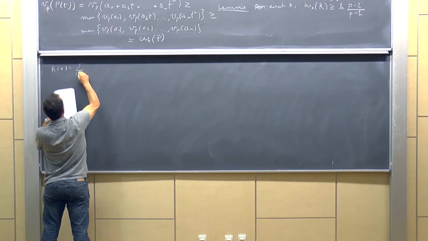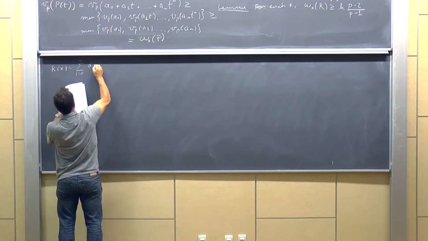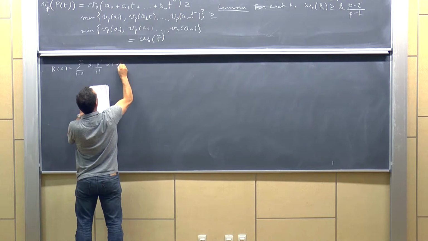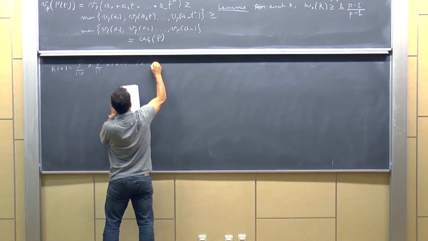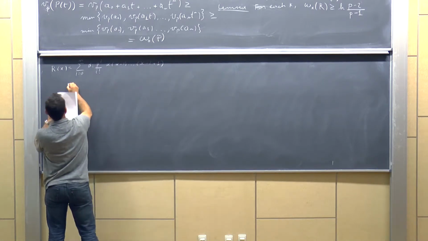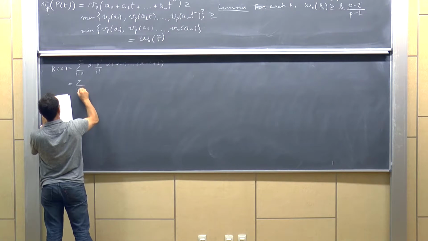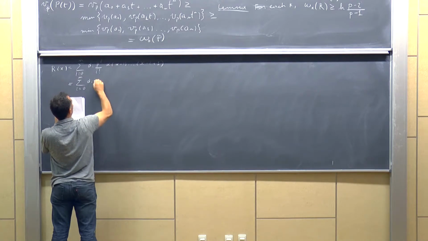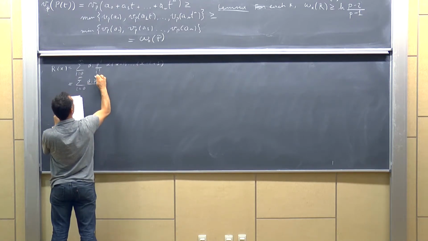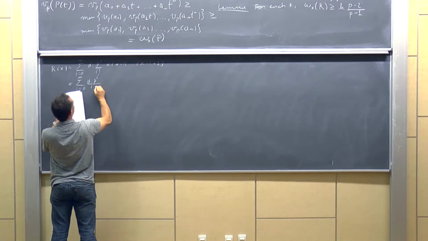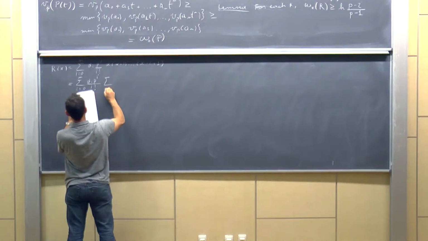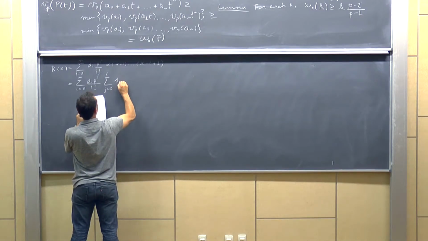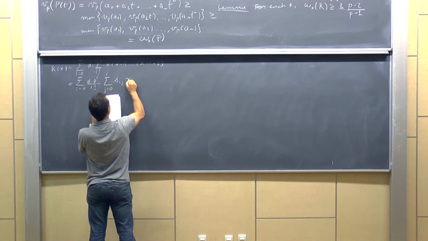It's a summation i equals 0 to n of d_i p to the i over i factorial of x minus 1 up to x minus i plus 1, which is the summation for i equal 0 to n of d_i p to the i over i factorial of the summation for j equals 0 to i of some number S_ij x to the j.